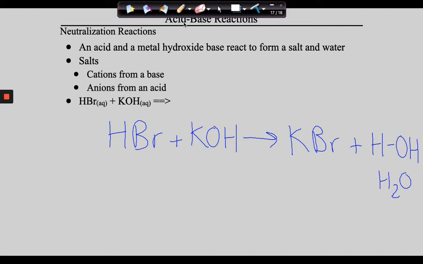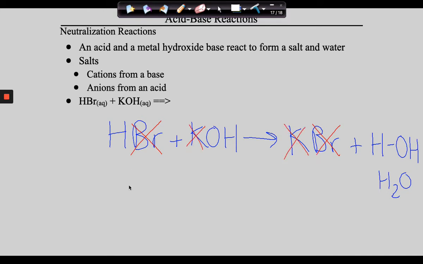Bromide is a halogen. Halogens always dissolve in water unless they are bonded to silver, lead, and mercury, and we don't have any of those. So bromide is always a spectator, and we get rid of it. Talk to me about why potassium is always a spectator. It's a group 1 metal. Potassium is always a spectator as well.